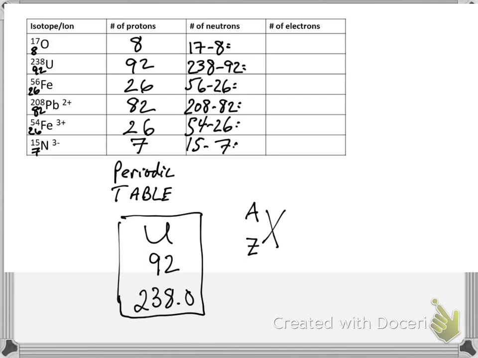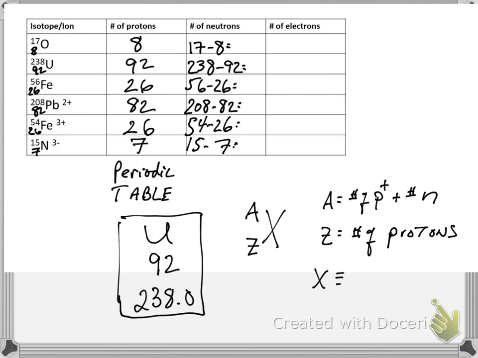That is because for any symbol, the top number, the superscript A, is the sum of the number of protons and number of neutrons. Z is the number of protons and X is the identity. So if we want to know the number of neutrons, then we just subtract Z from A. In this case, oxygen-17 would give us 9 neutrons.